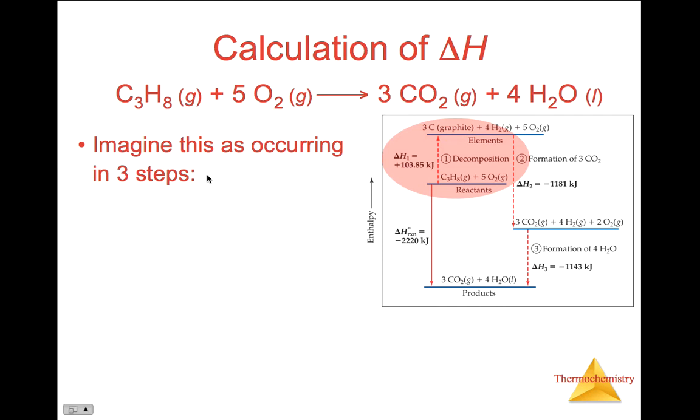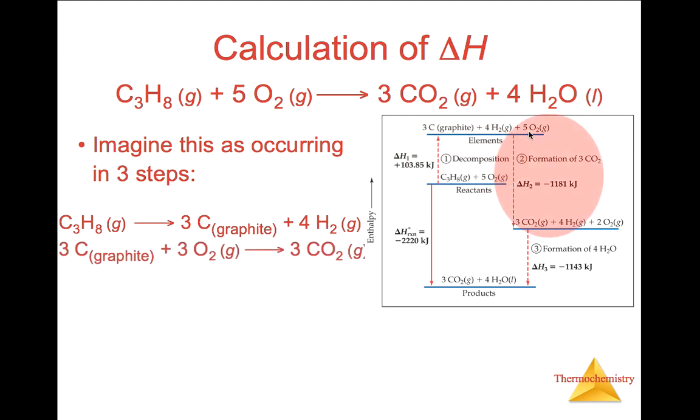To calculate the enthalpy, imagine this reaction occurring in 3 steps. First, C3H8 goes to carbon graphite, 4 hydrogens, 5 oxygens. Then the graphite plus the oxygen becomes carbon dioxide.